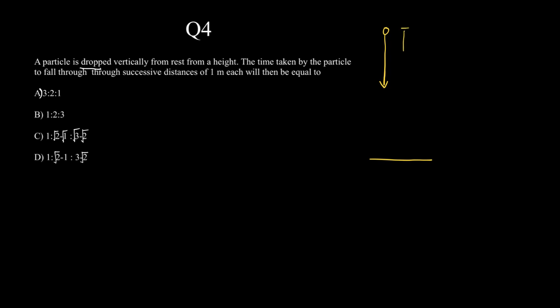What's given is we need to find out the time taken to cover every 1 meter, right? So let us assume this is 1 meter, this is the next 1 meter, and let us call the corresponding times t1, t2, t3 and so on.